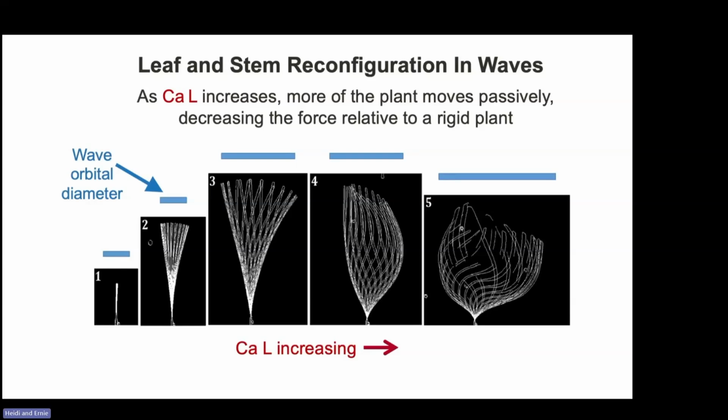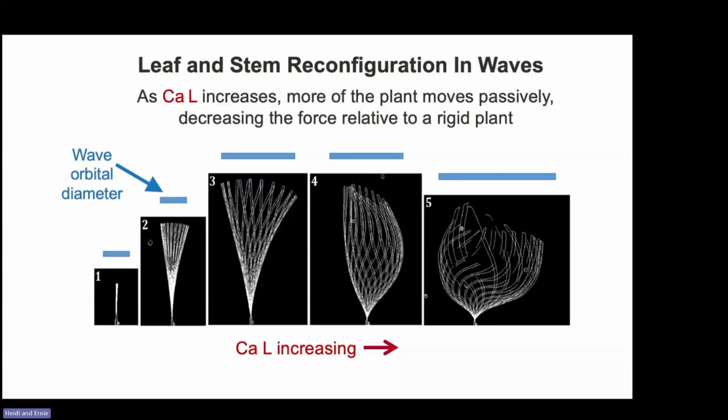In the next image, only the tip of the plant is moving, and the motion of the tip matches the wave orbital diameter. That is, there's no relative motion at the tip and thus no drag generated by the tip of the plant. If you go over to the rightmost photo, number 5, the full 1/3 of the upper portion of the plant is moving passively with the water and does not contribute drag.